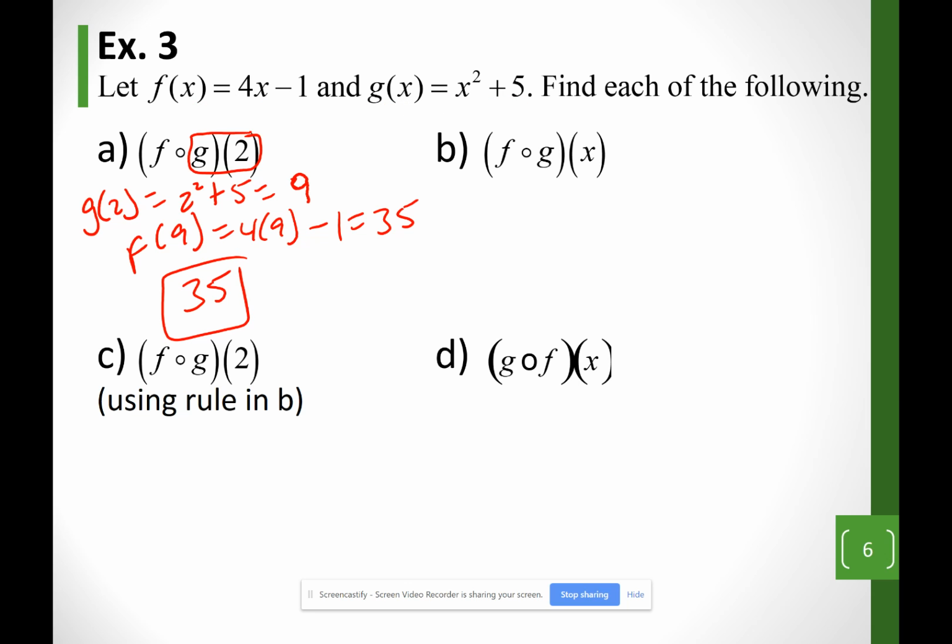Now let's take a look at b. Here I'm saying g of x. So I'm going to create a function, g of x is x squared plus 5. What that means is leave x as the variable. So that's as much as I can simplify. Now I'm going to do f of x squared plus 5.